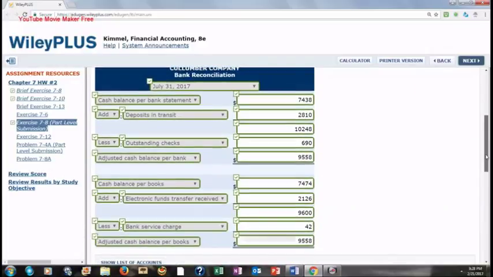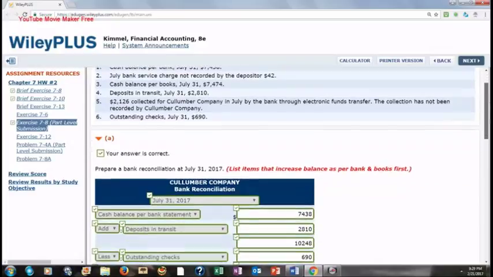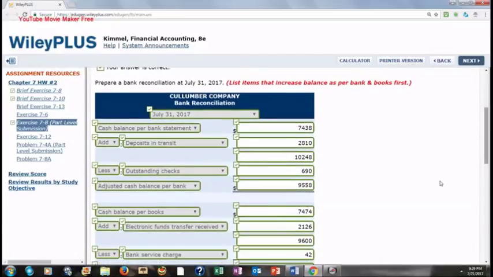The next part of this exercise is to record our cash balance per our books, the company's books, which we started off with 7,474. The first part of that is to add an electronic funds transfer that we received that didn't show up on the bank statement, and that was 2,126.